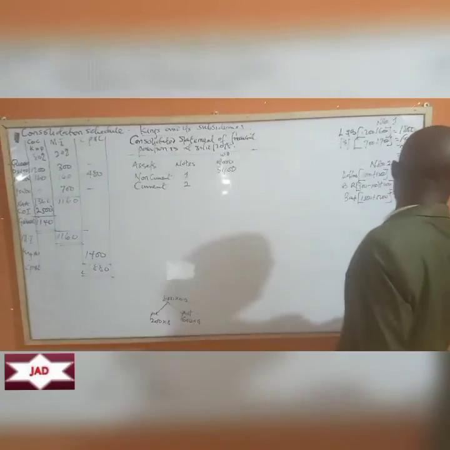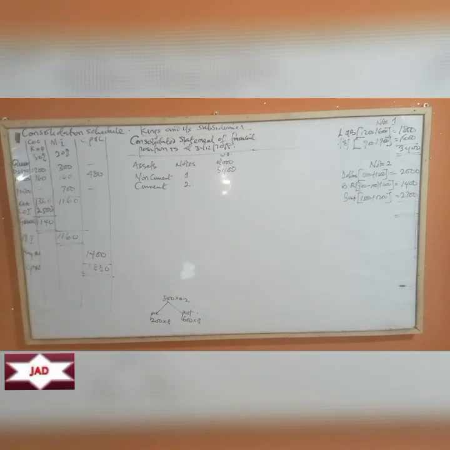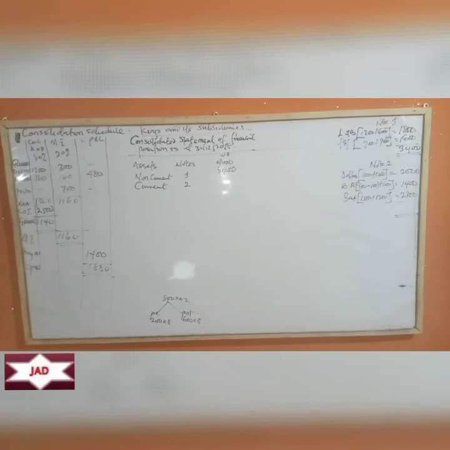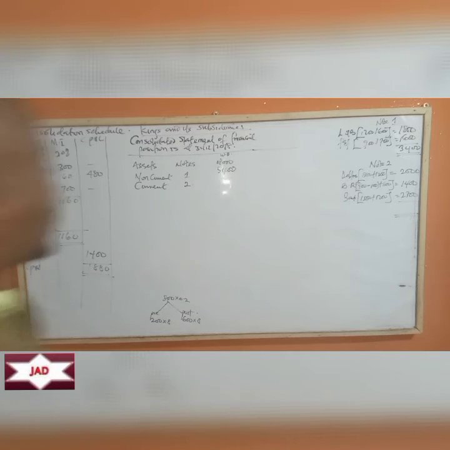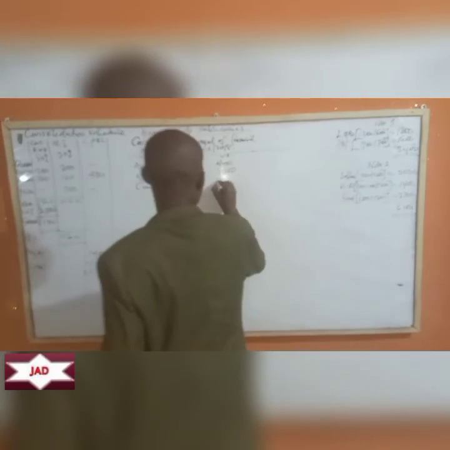No. So we have 2,000 plus 1,400 plus 2,700, we have 6,100.